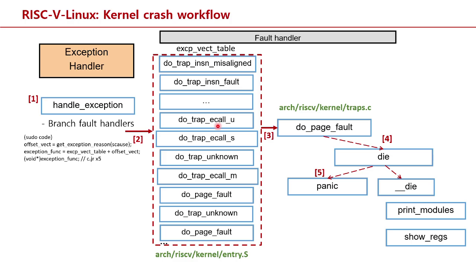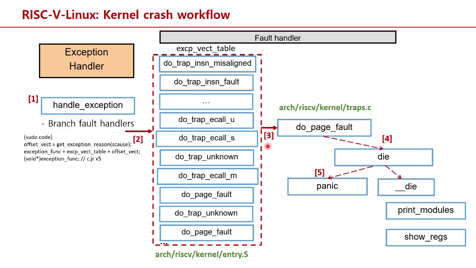If the trap occurs due to execution of the ecall assembly instruction in user space, then the do_trap_ecall_u function will be called. But if the trap occurs because of a page fault, or some invalid address, that is, a misaligned address, a call to this function is made inside handle_exception.